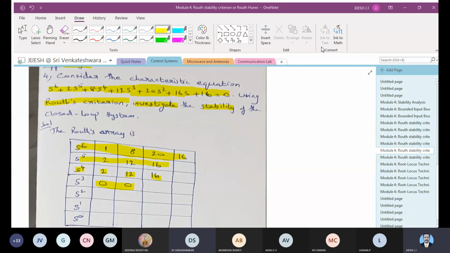Can you display the PPT, just for a second? Yes, sir. This is the content which I am explaining, the Routh stability criteria, the Routh array, where we are going to find out. Which module? Fourth module.